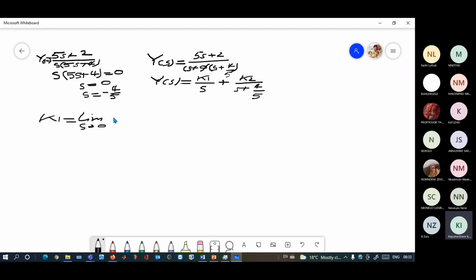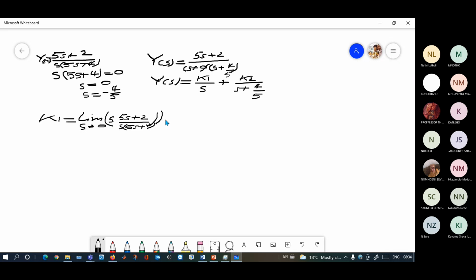So we have s times the function, which is 5s plus 2 over s times 5s plus 4, and we put this under brackets.